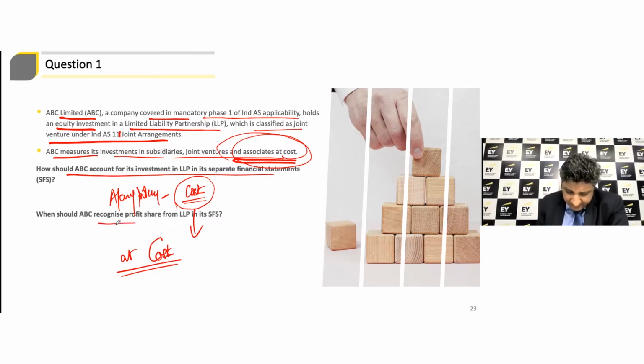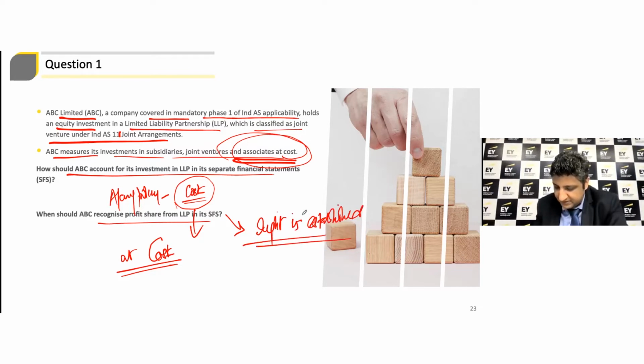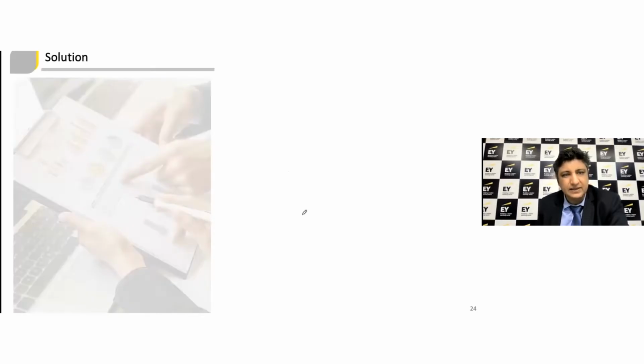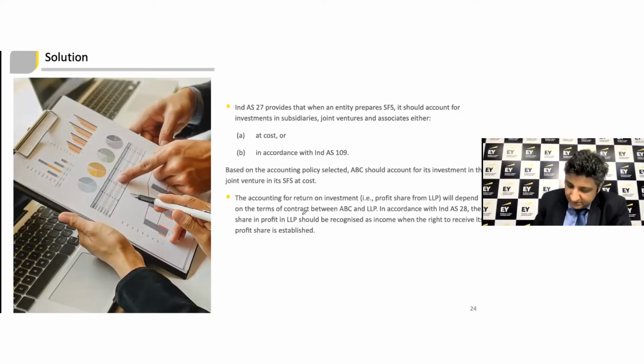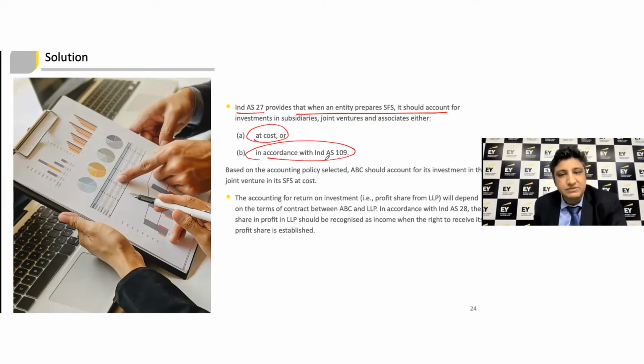The question also says, by the way, when should ABC recognize profit share from the LLP? When the right has been established, that's where you start looking at the calculation or the measurement of those. As we have provided in the solution, Ind AS 27 provides that when an entity prepares separate financial statements, you may either show these investments at cost or as per Ind AS 109.